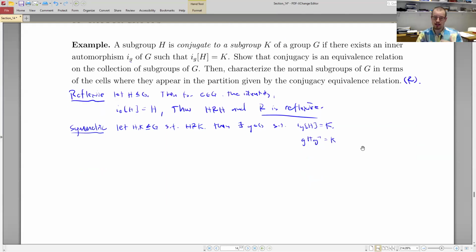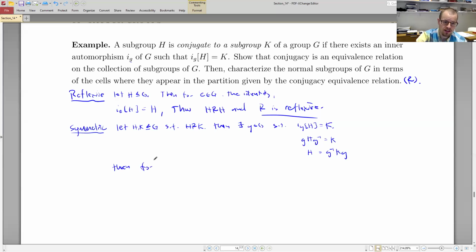Because we're talking about cosets, I can perform some manipulations, and I can multiply on the left by G inverse. I'm not going to go through all of the algebraic manipulations here, but this is going to give us that H is equal to G inverse KG. Multiply on the left by G inverse, multiply on the right by G, and that gets me this.